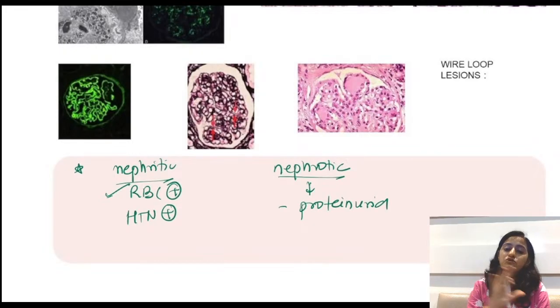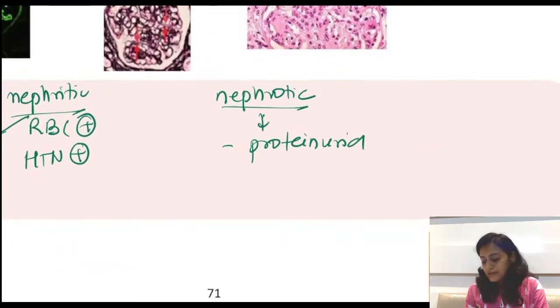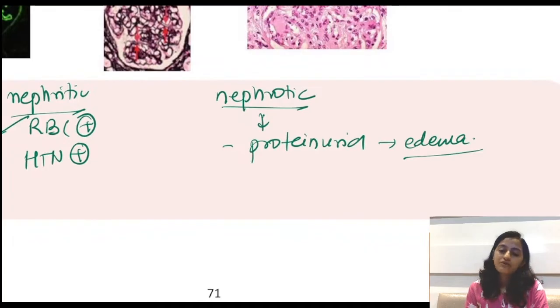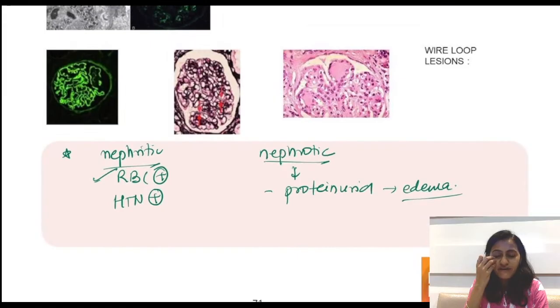With proteinuria, the patient will develop edema, so puffiness of the eyes is what we see whenever there is renal involvement. At least take this as a first basic pointer: we should know the difference between the two.